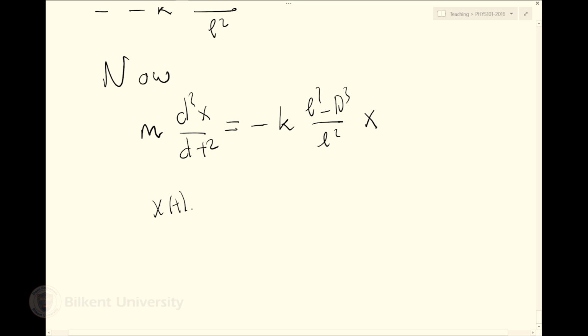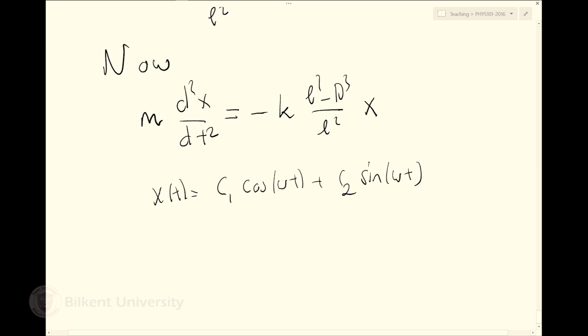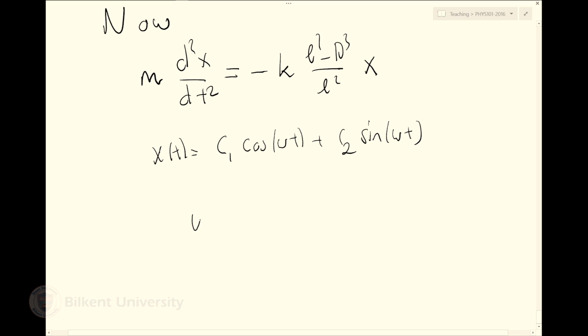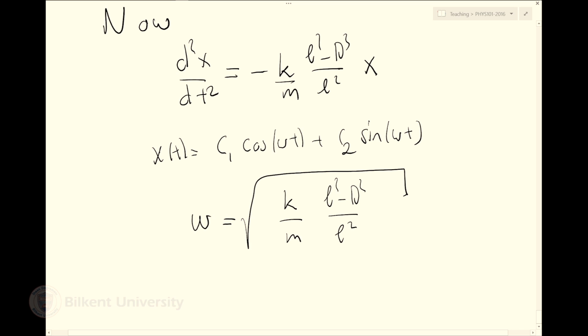So x of t must be c1 cosine omega t plus c2 sine omega t, which means omega square is what I have here. Let me even write it as follows. Right, that's much better. Minus k over m, minus is gone, d square over L square, or omega as this.